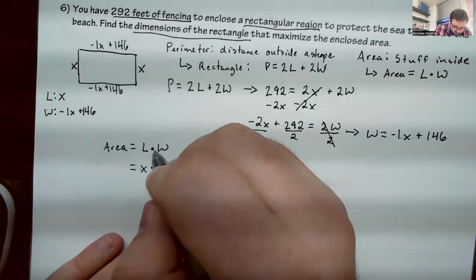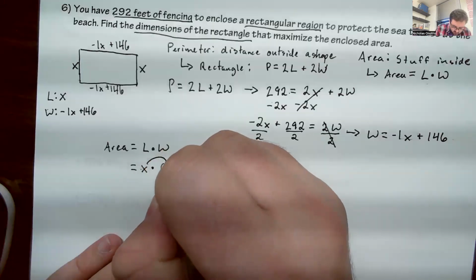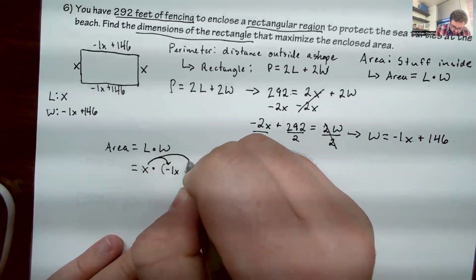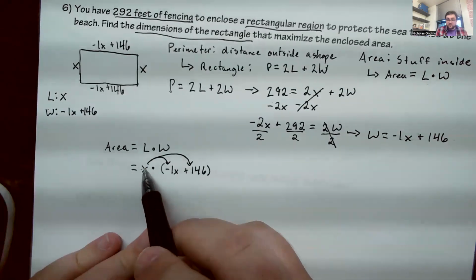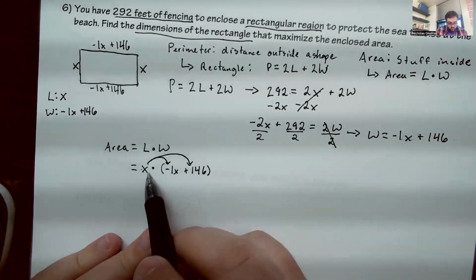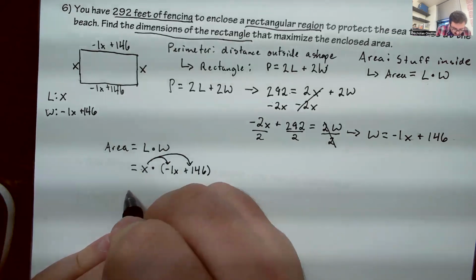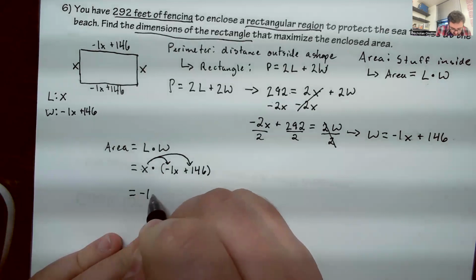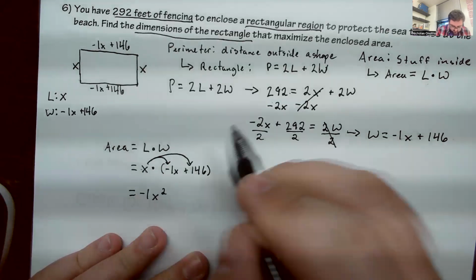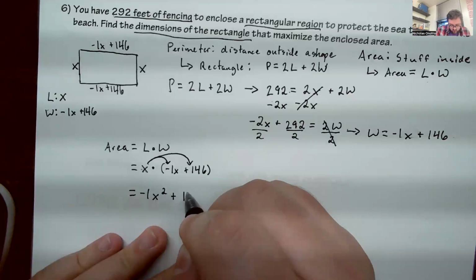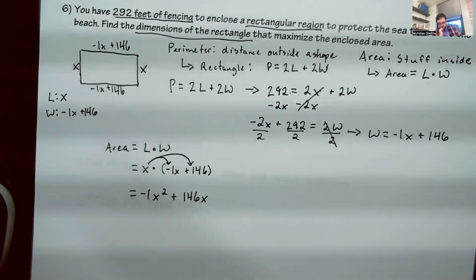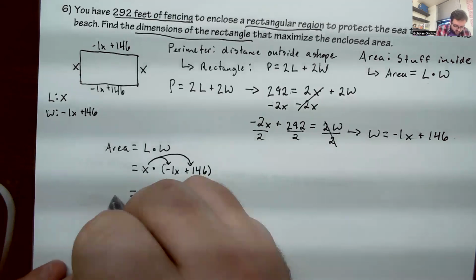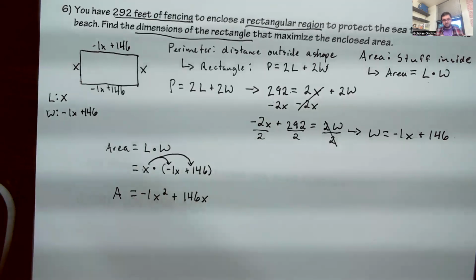We can solve that using the distributive property, distributing our x to both terms. If you think back to a few weeks ago, right at the beginning of the quarter, when we take x times x, this is going to become negative 1x squared plus 146x. And that's what our area equals.